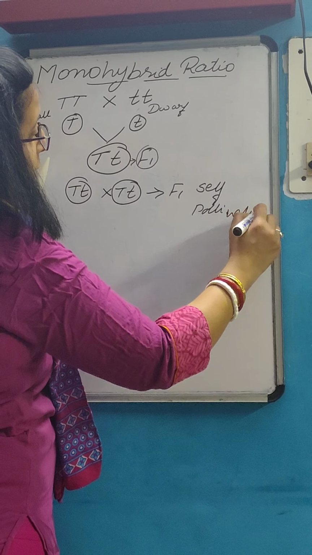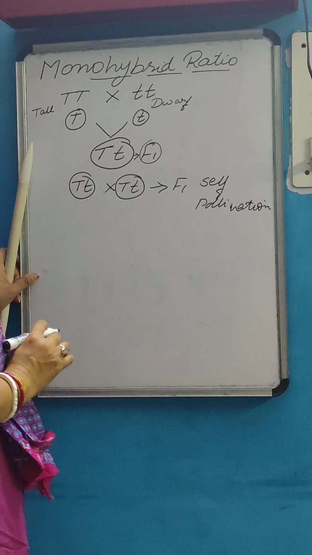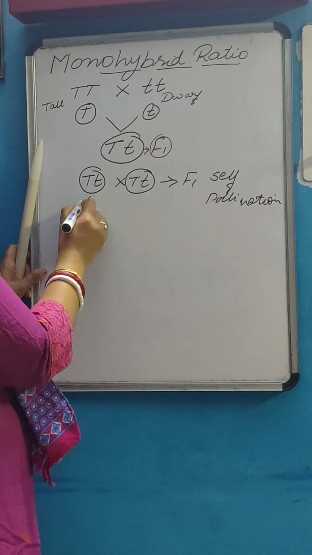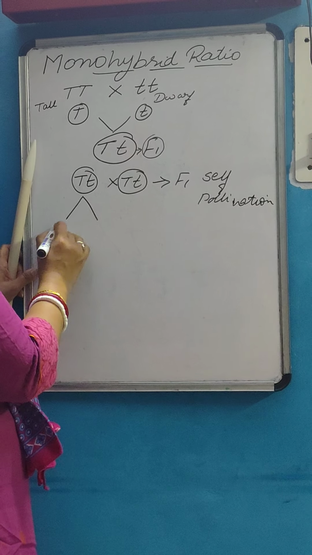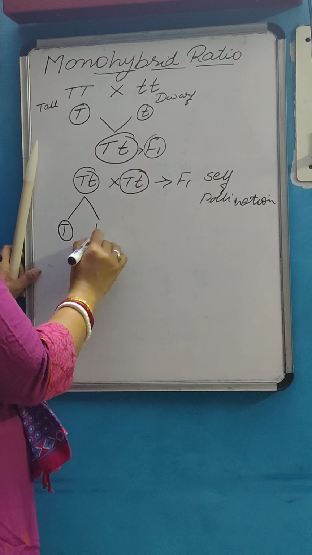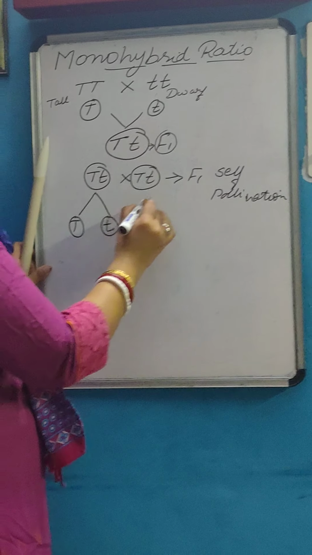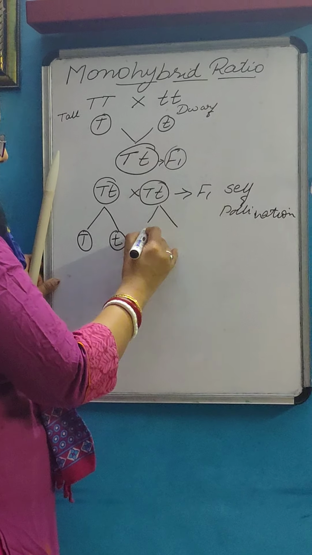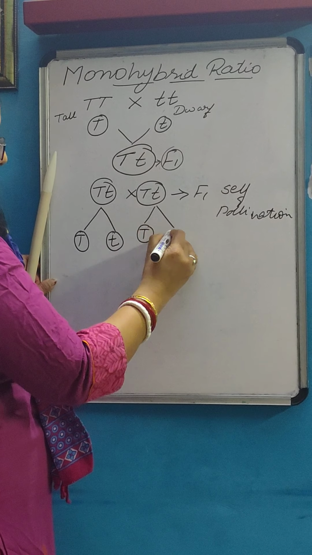When these F1 generation plants were subjected to self-pollination, the gametes which we are obtaining here are capital T and small t. Here also we will get capital T and small t.